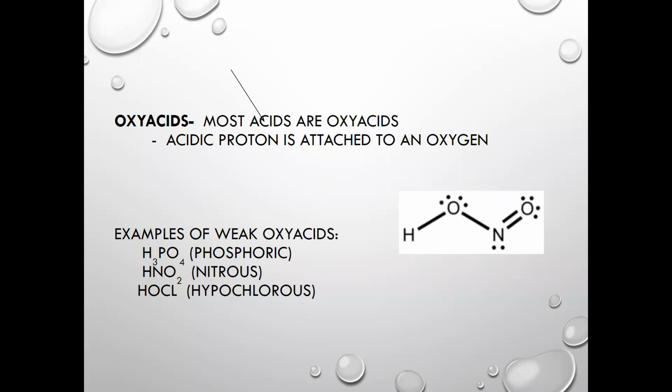The acidic hydrogen is attached to the oxygen, because sometimes they may have other hydrogens in the formula that are not considered acidic hydrogens. So these would be some of our weak oxyacids: phosphoric, nitrous, and hypochlorous. If it's not strong, then it is considered weak.